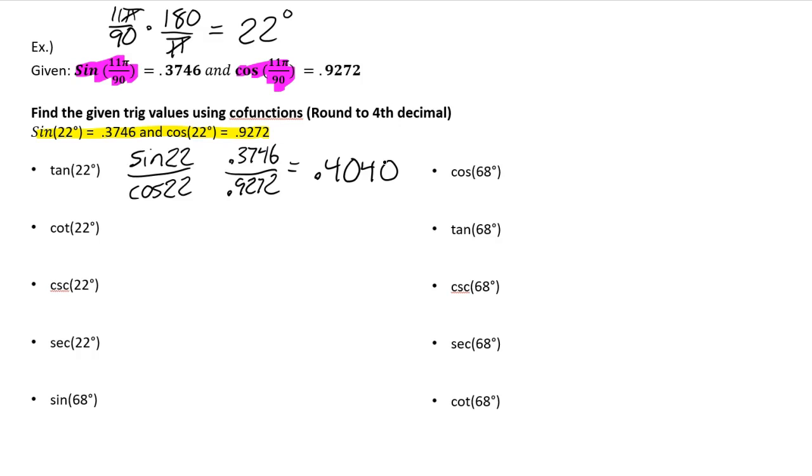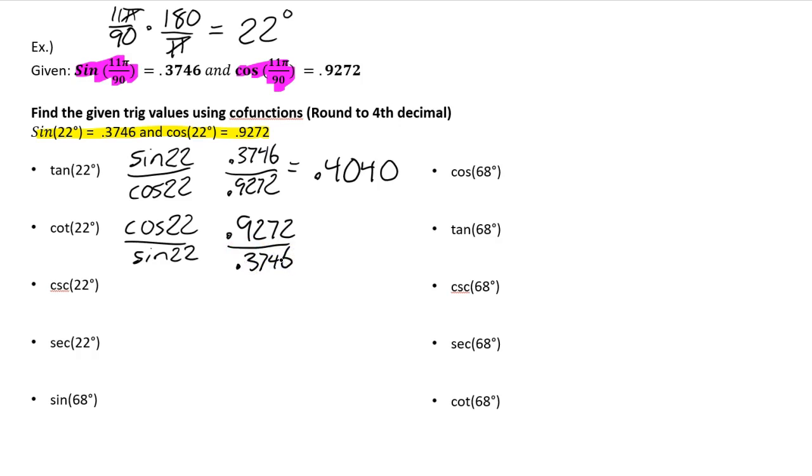As far as cotangent, very, very similar. The only difference is we know with cotangent that I can actually just flip those values. Since they're reciprocals of tangent, I can do cosine of 22 over sine of 22. So the exact same thing, we're just flipping the values that we're solving.